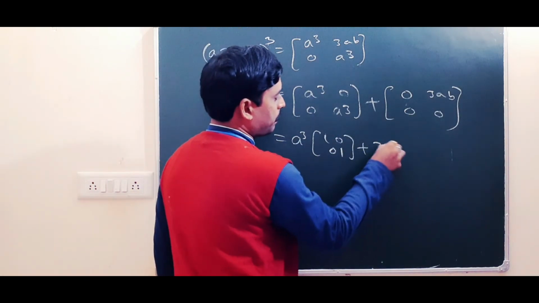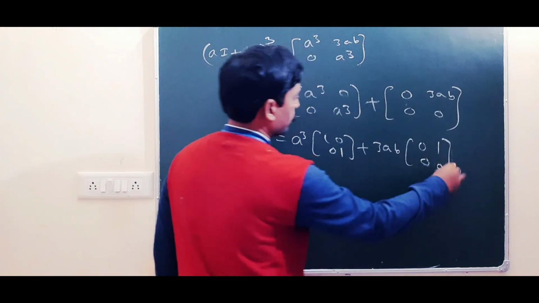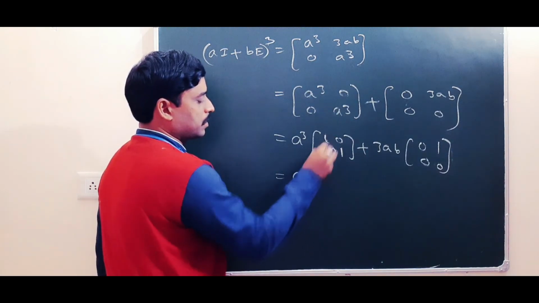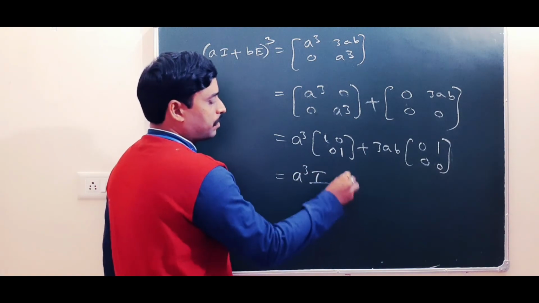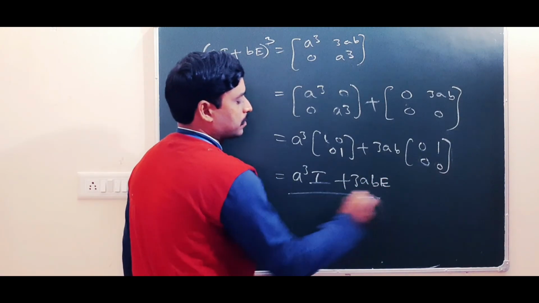In the second one, take 3AB common, it will be 0 1 0 0. So A cube into, this is nothing but the unit matrix I, plus 3AB into E, which is given. So hence proved.